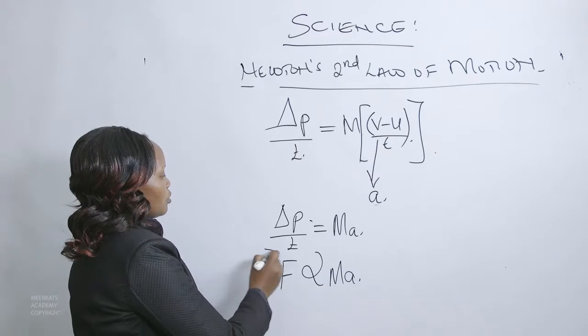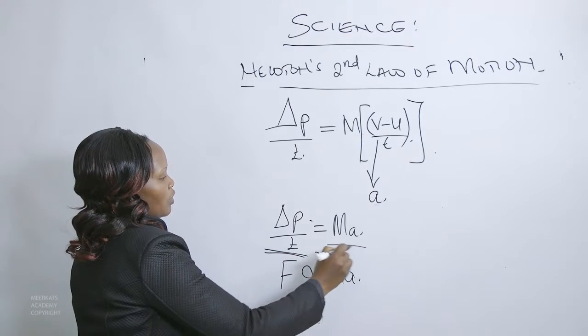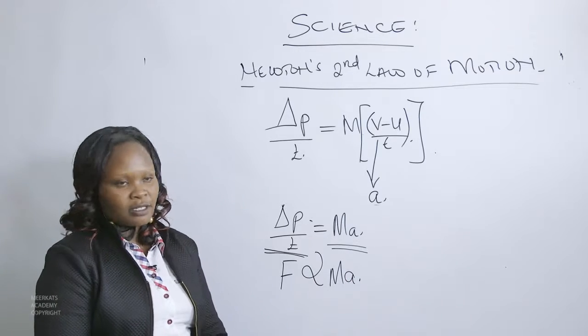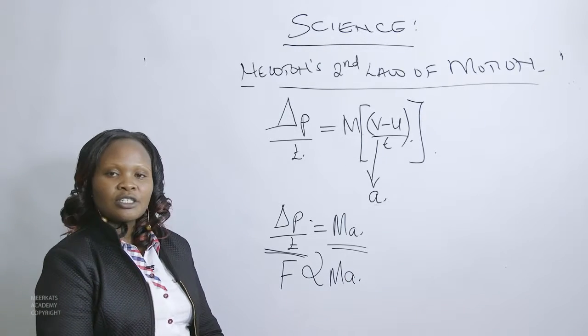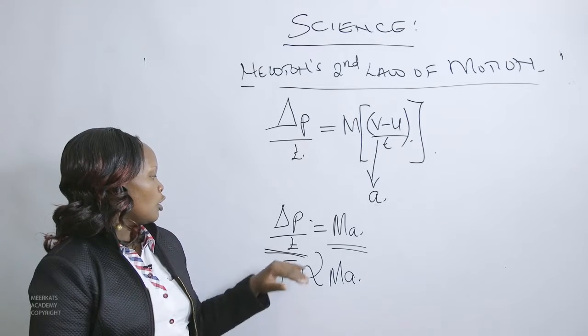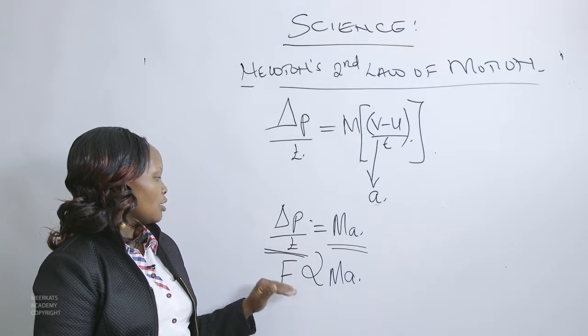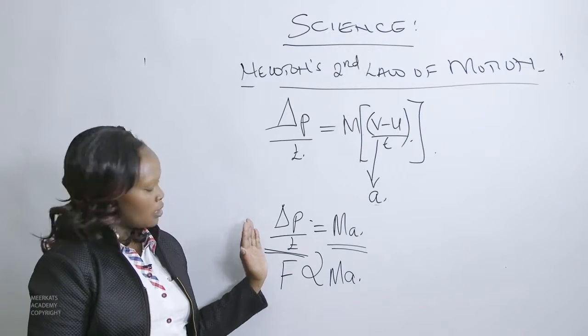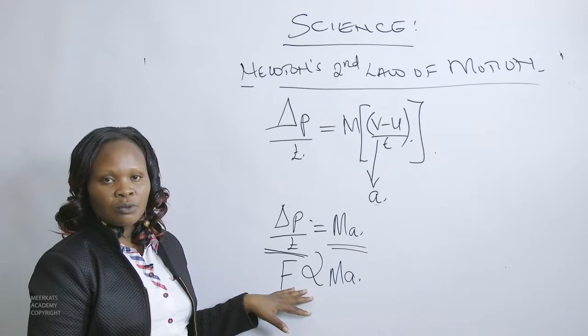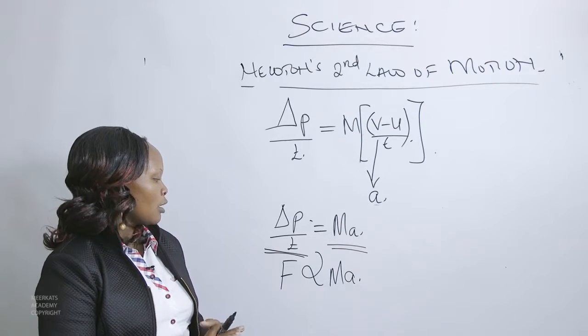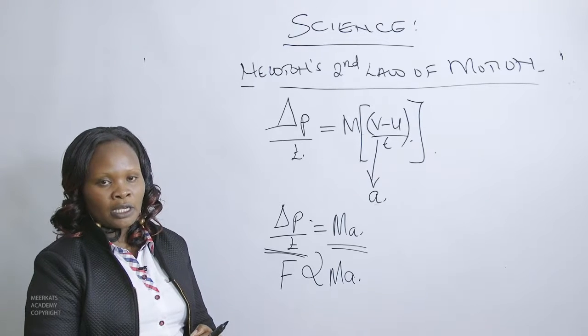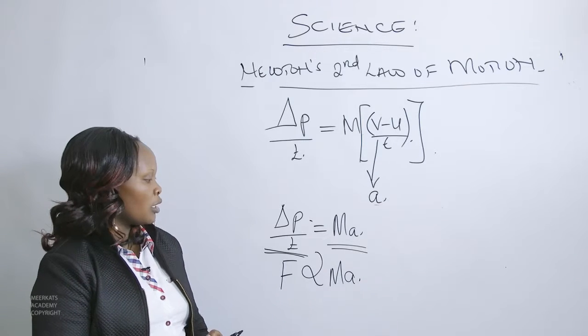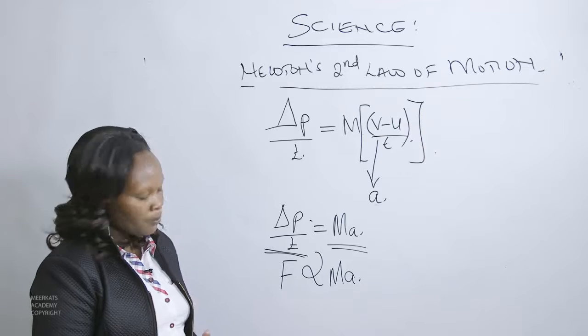Remember that the two sides of our equation give us the change in momentum, only that now we have decided to replace one of the sides by F, so we could bring in the concept of the net force that we are using to change our momentum.